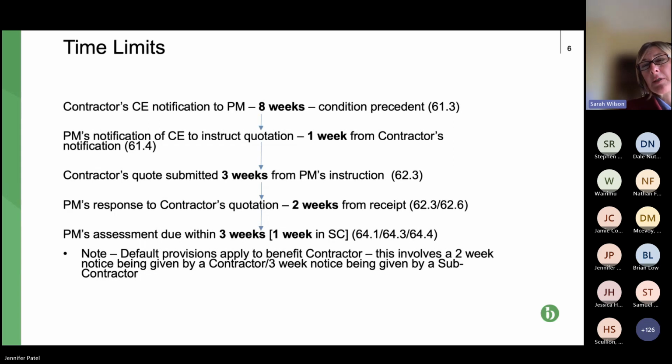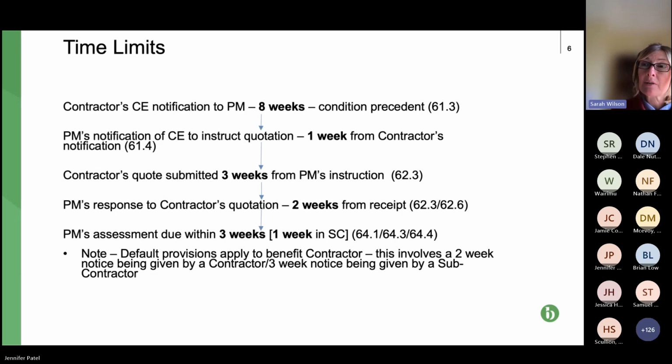Contractors and subcontractors beware, though: don't always measure the early warning notice as the start date for the 8-week time limit. If something occurs on site today and the early warning notice is served, for example, on Thursday, and the contractor then serves the CE notification within 8 weeks of that early warning notice, it's going to be out of time.